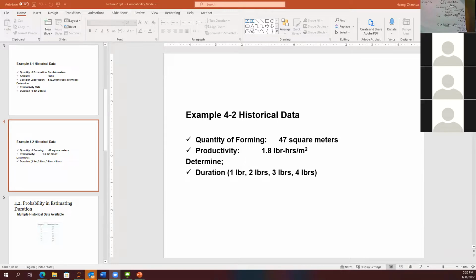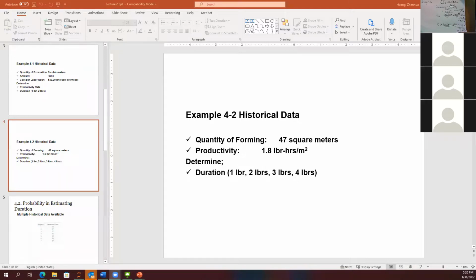If I have 1 labor, I just need how many days? 1 labor. 26 days. No, not correct yet. 1 labor, no, that's not correct yet.